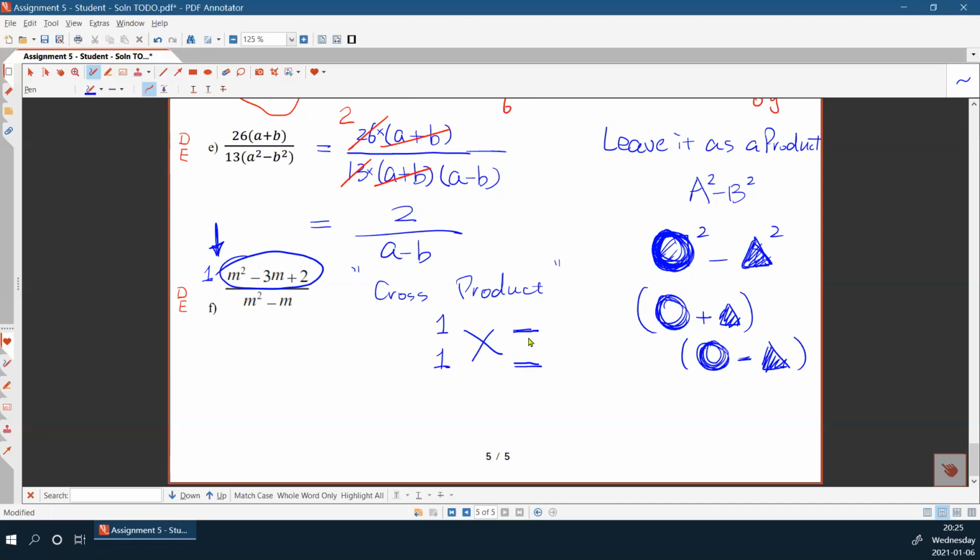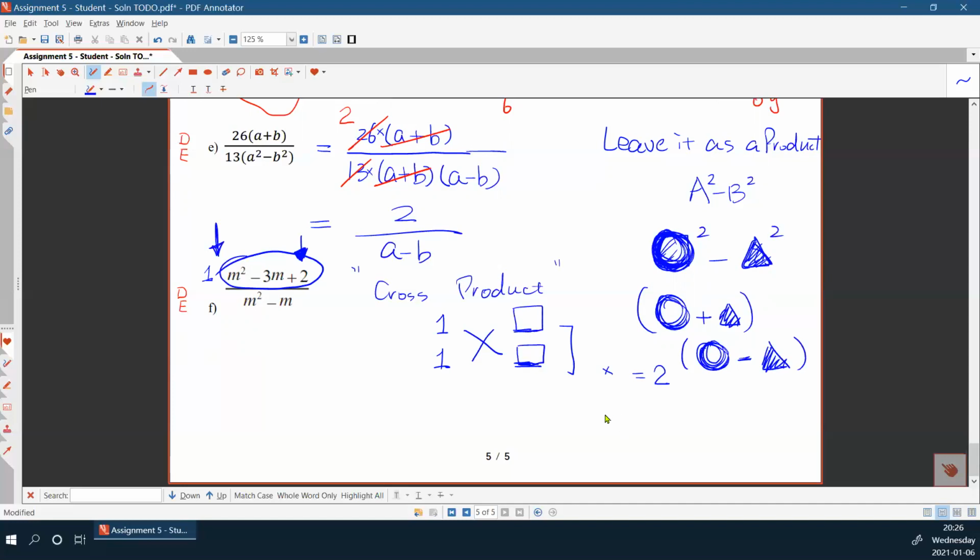What are the characteristics of these two numbers? The product of these two numbers should be equal to the coefficient of the constant, which is 2.